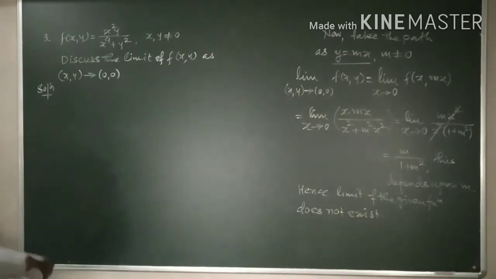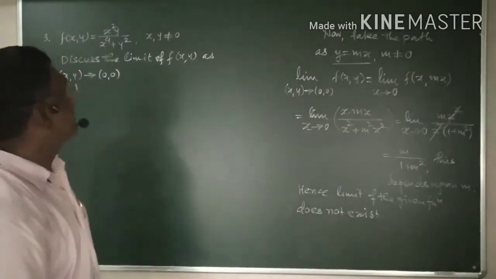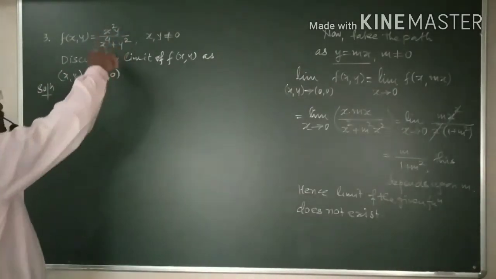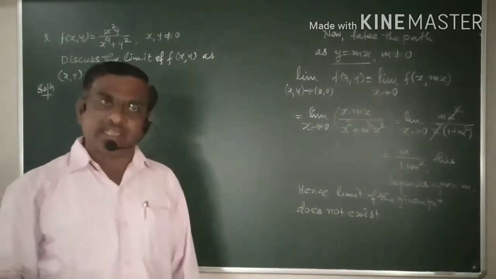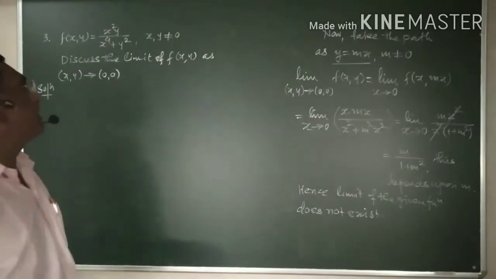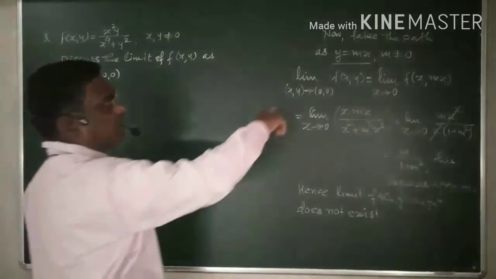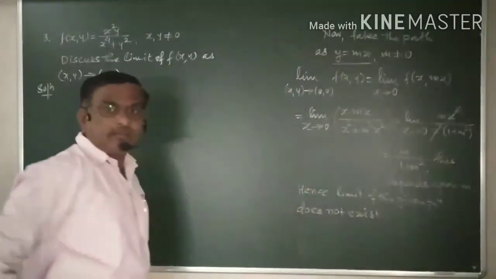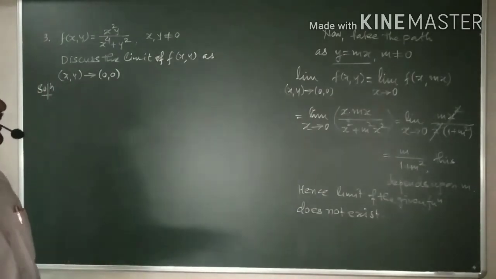Now, similar to the previous example, as the numerator here consists of the product of x and y, if you take the x axis as well as the y axis, then the limit comes up to be 0. Similarly, if you take y is equal to mx, then this limit again comes up to be 0.